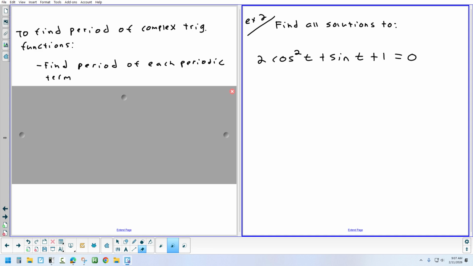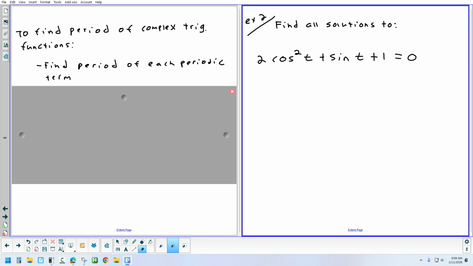No. How many terms on the left side? Ethan? 3. How many periodic terms?